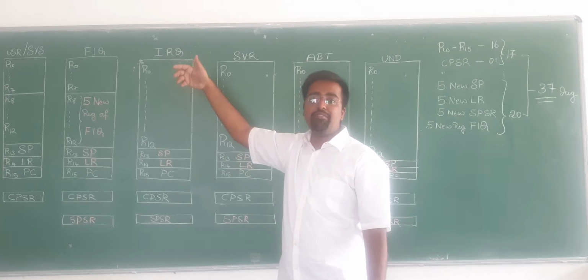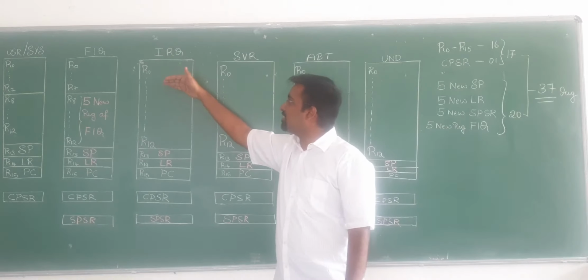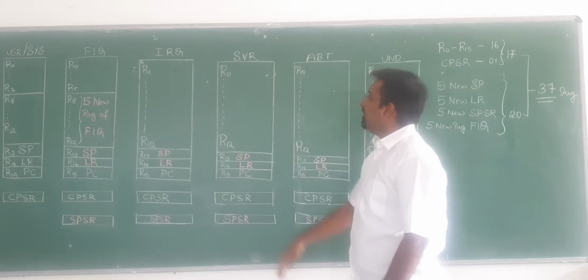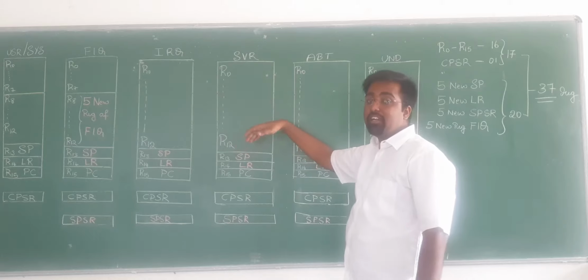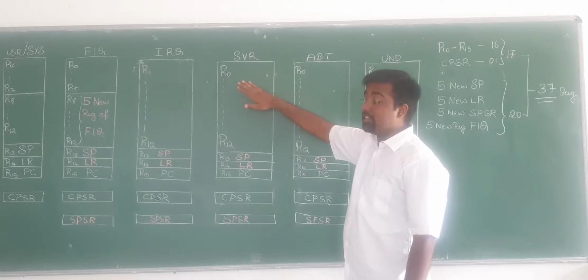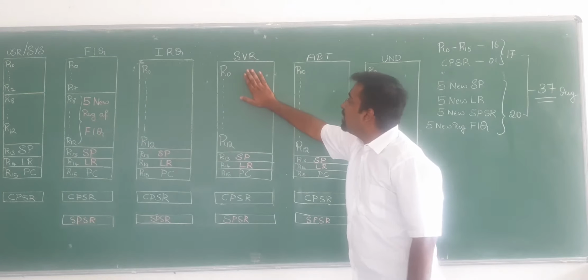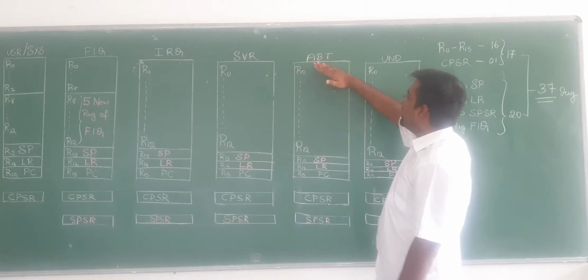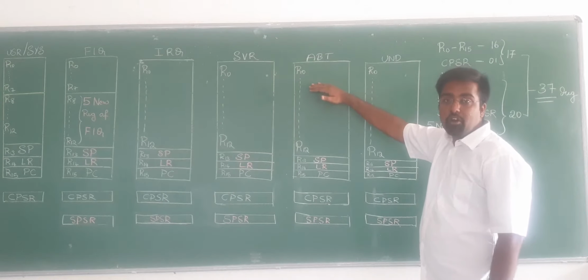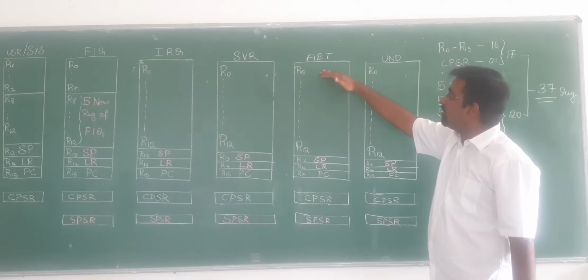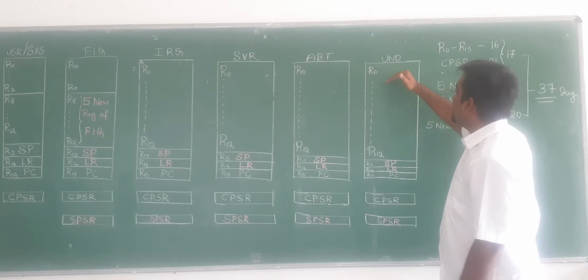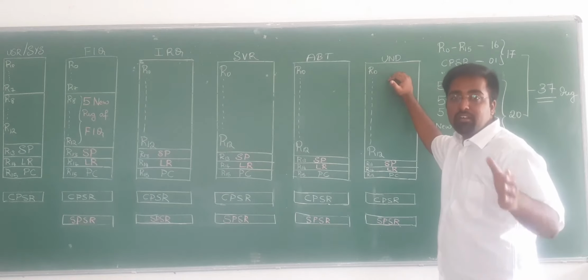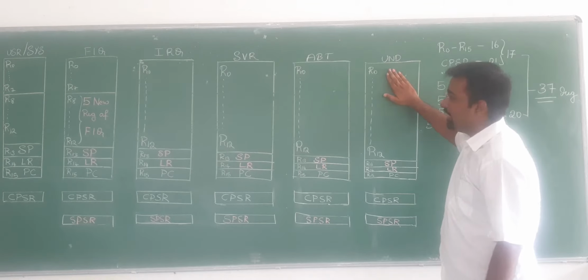If an IRQ interrupt occurs, it enters IRQ mode. If reset or a software interrupt is used, it enters supervisor mode. Prefetch abort and data abort enter abort mode. And undefined-type interrupts enter undefined mode.